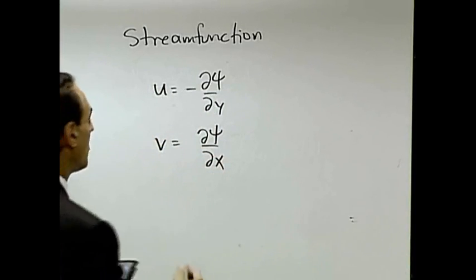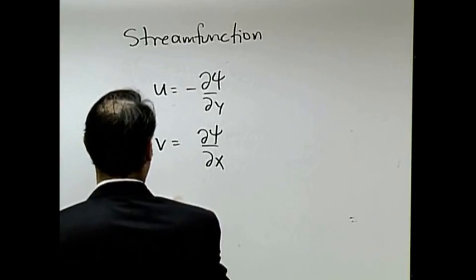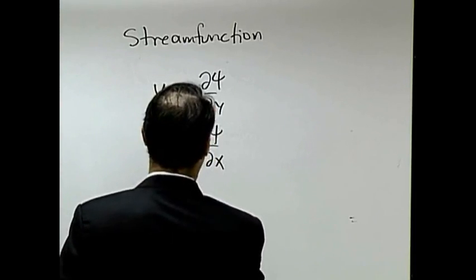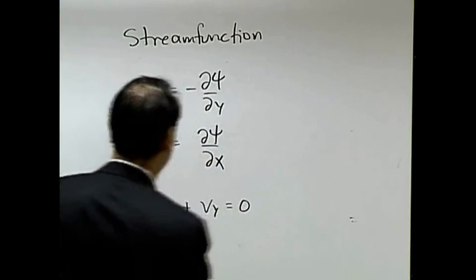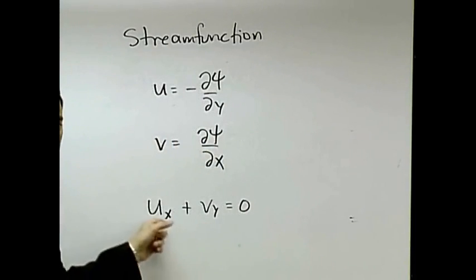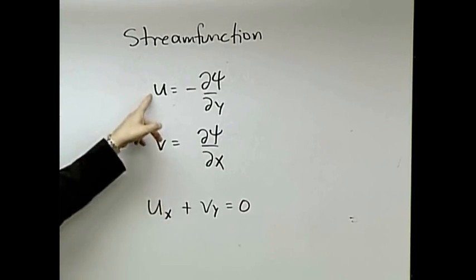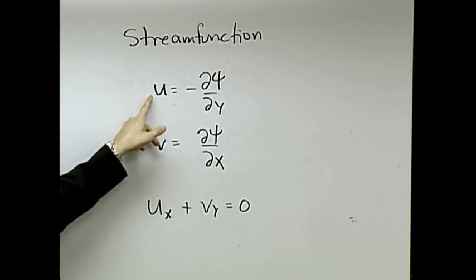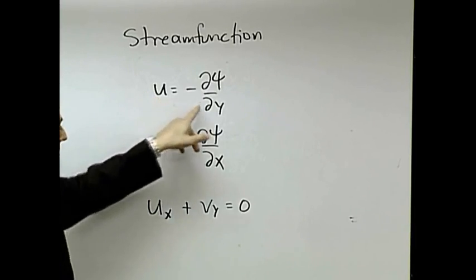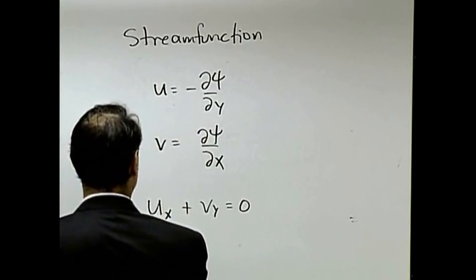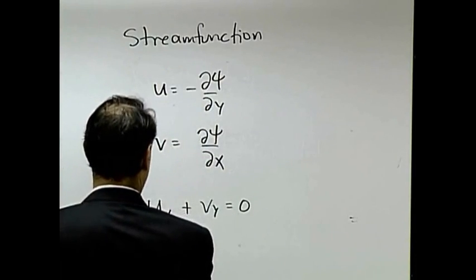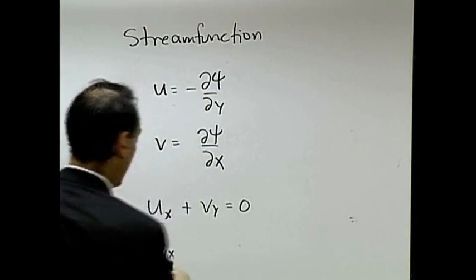Now, the incompressible flow condition is this: u_x plus v_y is equal to 0. So I'm going to start replacing partials with just subscripts to be partials. So what is u_x? Well, take the x derivative of it. Let's put it now in stream function form. The u_x derivative is minus phi_yx.